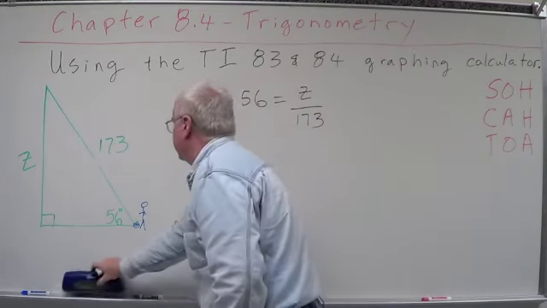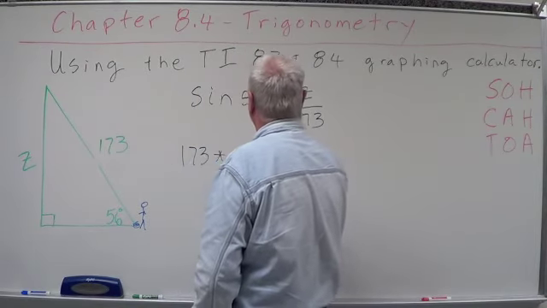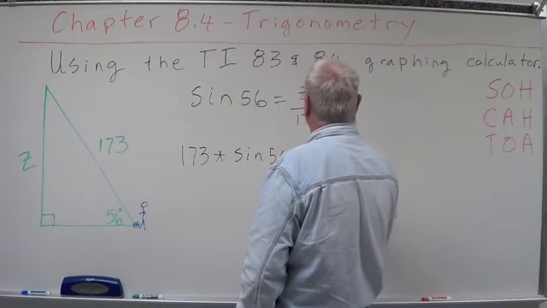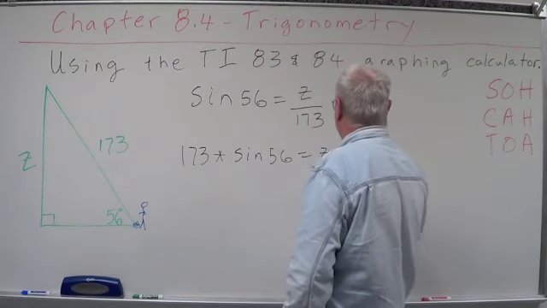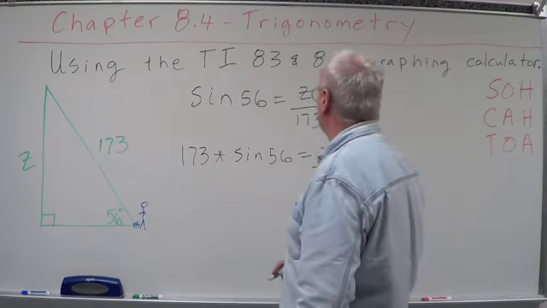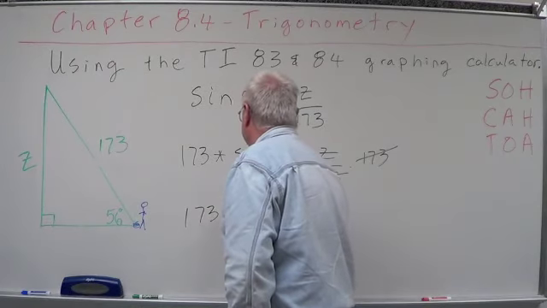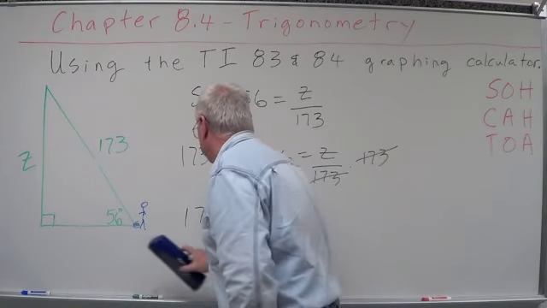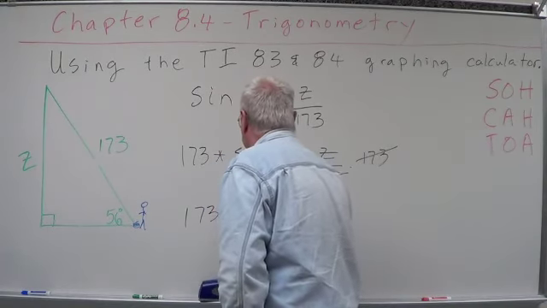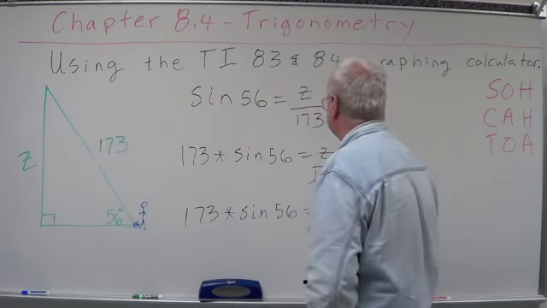So we got 173 sine of 56 equals z divided by 173 times 173. What happens over here? That goes away, and we're left with 173 times sine of 56 equals z.